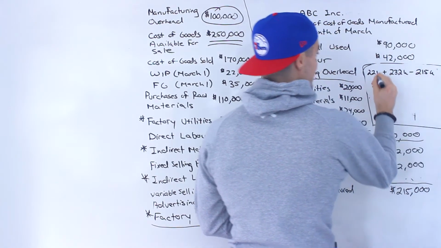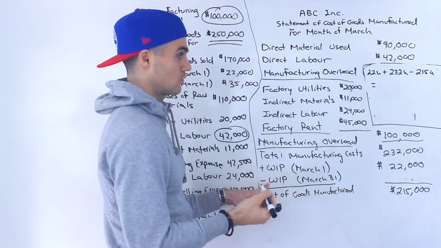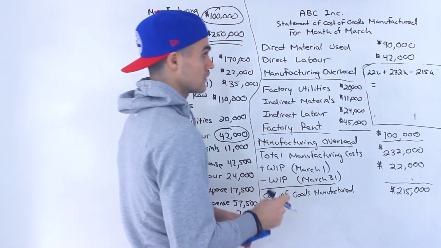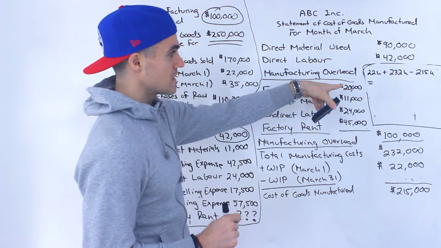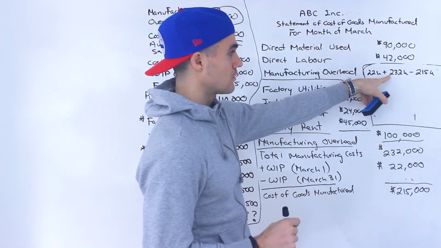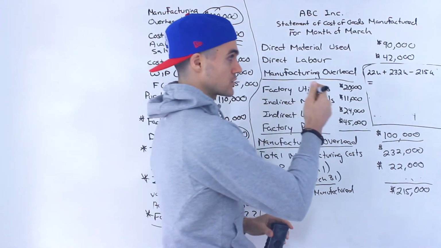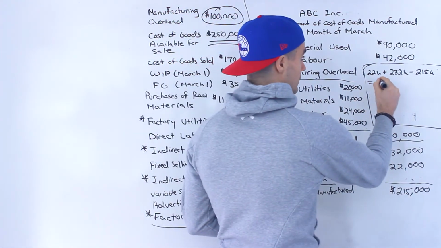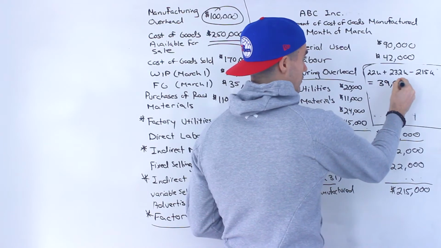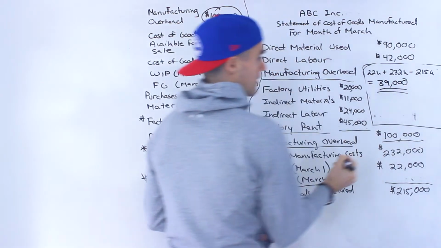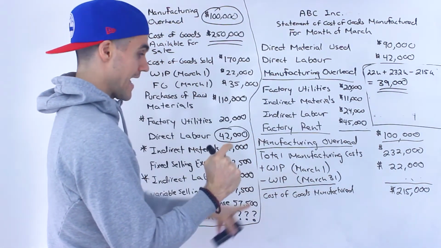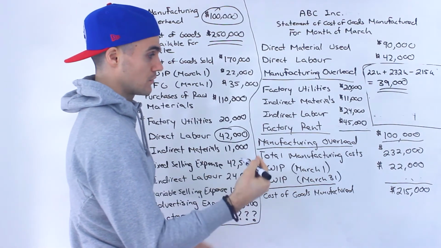And then when we net these out, that's going to give us that ending work in process on March 31st. So 22,000 plus 232,000 would give us 254,000. Subtract 215,000, that would give us 39,000. So that there is the ending work in process on March 31st.